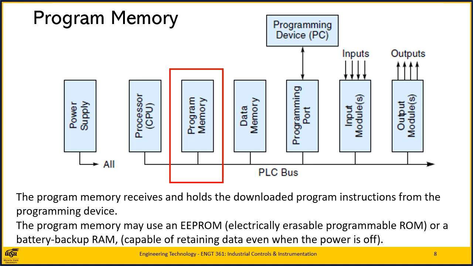To avoid this bother, the program memory may use an EEPROM, remember, electrically erasable programmable ROM, or a battery backup RAM, both of which are capable of retaining data even when the power is off. Older PLCs used an EPROM, a UV erasable PROM, to store the program, but this device required a special programming unit that is not part of the PLC system.